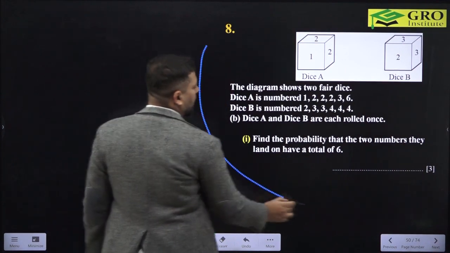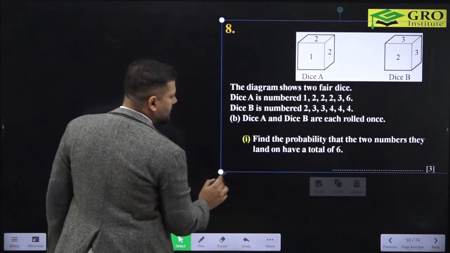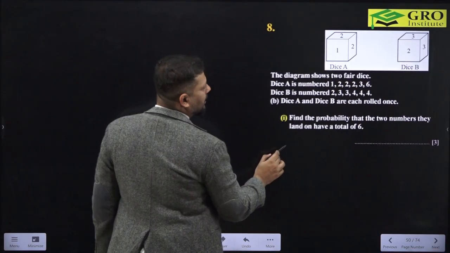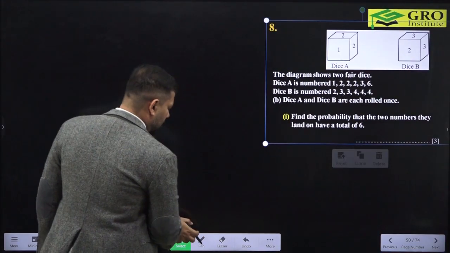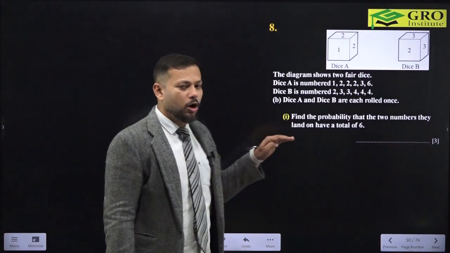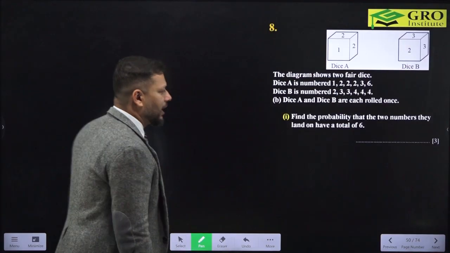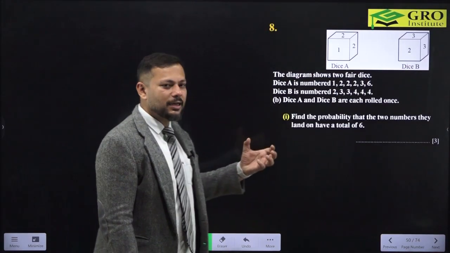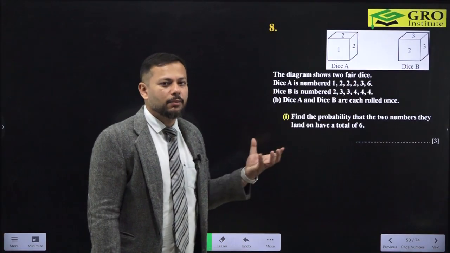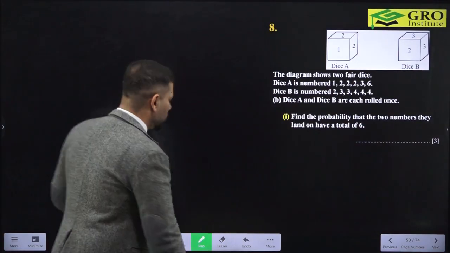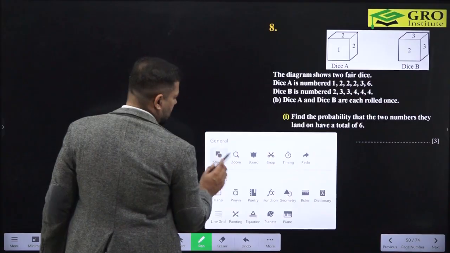What we'll do over here is make a table wherein we will write the possibilities of the faces on which dice A and dice B will land, and we will get the sum of both the numbers. Let us do that quickly. For that I'll make a table.